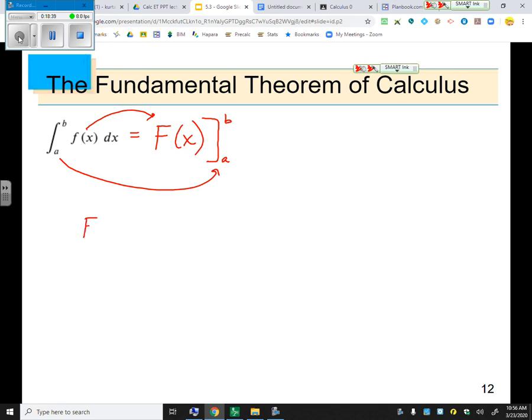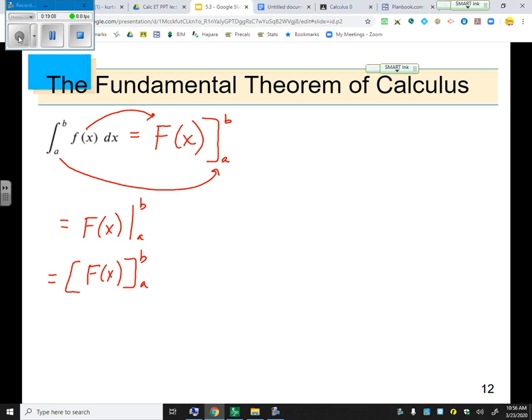Sometimes you might get to a different calc class, and they use a straight line. I don't use it that much, but that would be similar. Sometimes people don't like it when you just use half of a bracket, so you'll see them rewrite the antiderivative and put the whole thing in brackets. But I assure you all of these will be equivalent however you see them during your calculus careers.